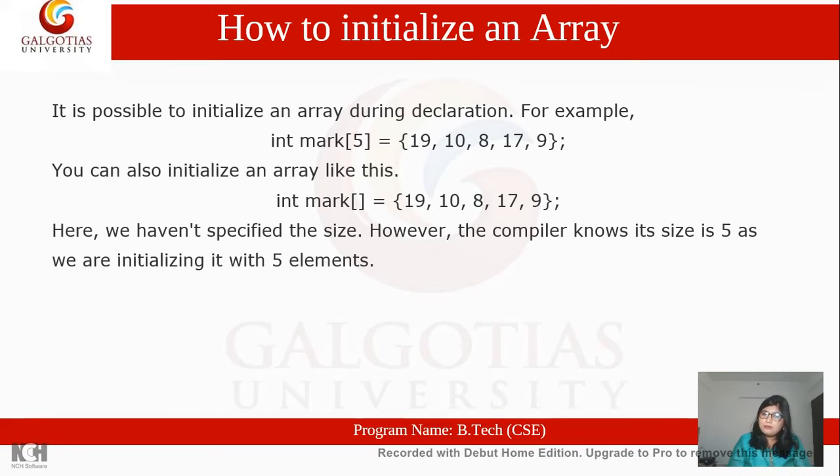So mark will become an integer type array which holds integer data, and according to the elements initialized, the size will be decided as 6 in case we have 6 elements, or if you have 9 elements, the size will become 9. So these are the two ways to initialize an array.